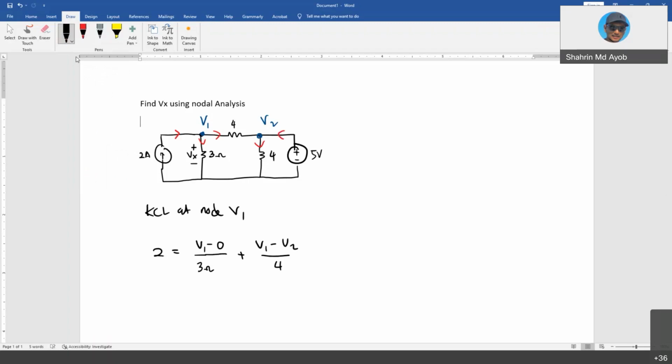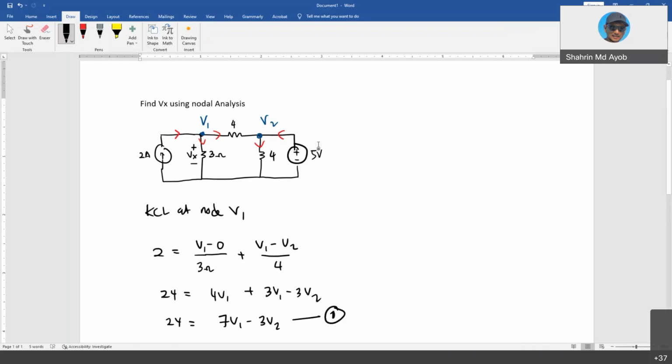After I simplify, this becomes 24, I think, 4V1 plus 3V1 minus 3V2, which is 7V1 minus 3V2. So this is my first equation from node V1.